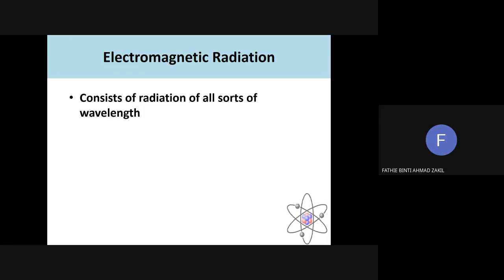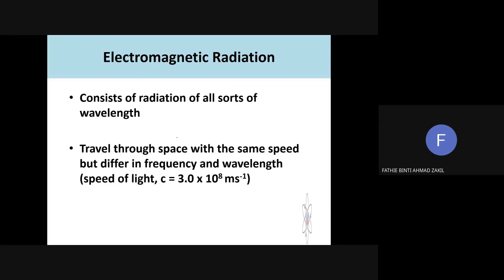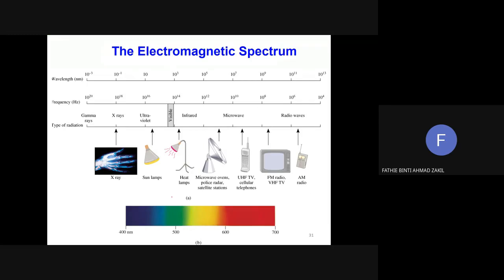Tak apa, kita ulang balik. They travel through space with the same speed but differ in frequency and wavelength. Tapi speed of light memang C sama dengan 3 darab 10 kuasa 8 ms negatif 1. So yang ni tadi kita dah tengok tadi dia punya spektrum.